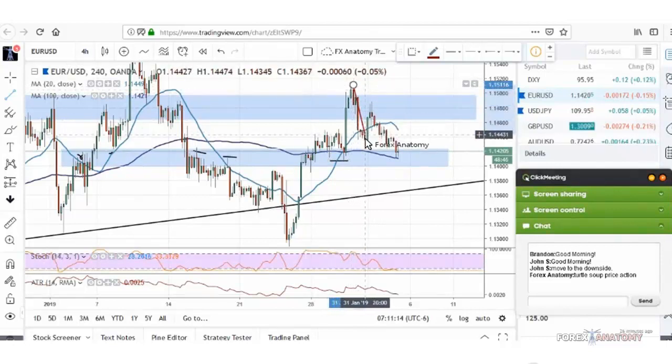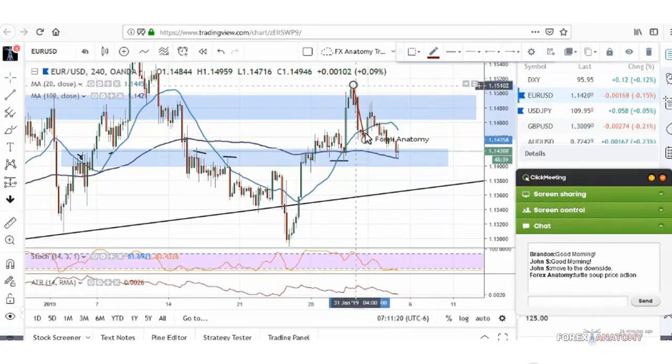This is what you call move A to B. This is line AB, and then we have line CD. On certain pullbacks, this line CD will be equal to line AB, and this is what you would call an AB equals CD type move or pullback.